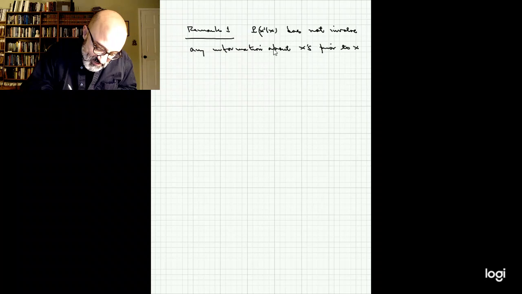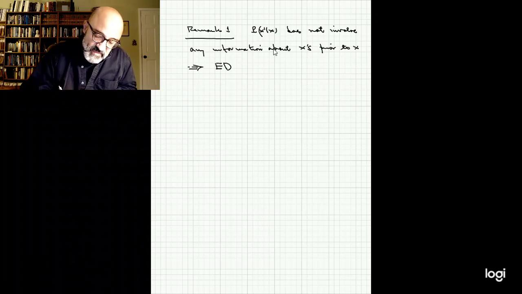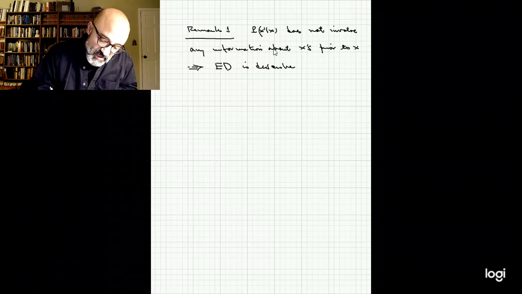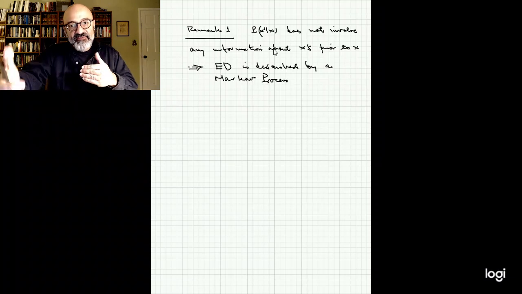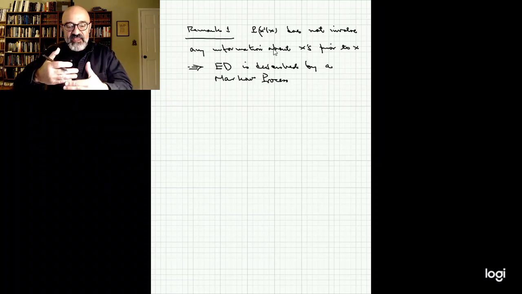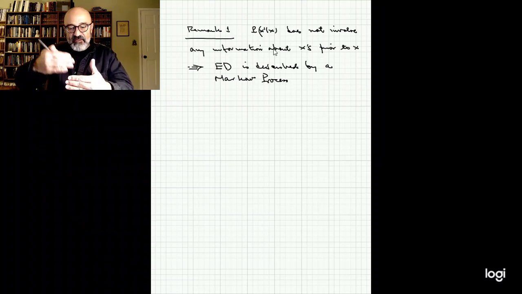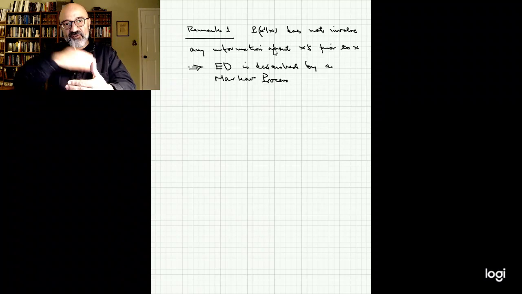What this implicitly immediately implies is that entropic dynamics is described by a Markov process in which the future evolution is independent of the past. It depends just on the present and not on the past.